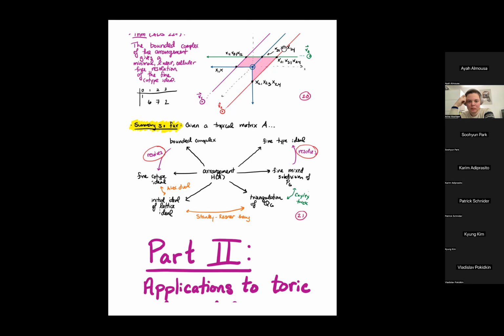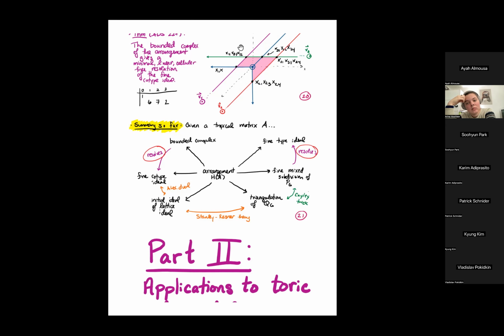But then hyperplane 2, I am on side 3. So I am on side 1. So I am not on side 2. So that's why I get this x1, sorry, I said it backwards, x1,2. So I am not on side 1 of hyperplane 2. So anyway, this gets confusing because it's a little bit backwards. But the point is that you can find this cotype ideal in the same way, and it'll be flipped.